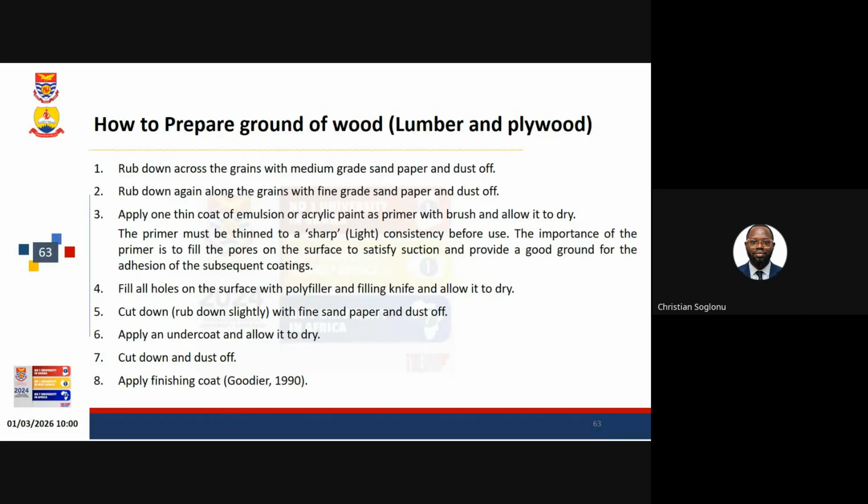So the third one says apply 1/10 foot of emulsion and acrylic paint as primer with brush and allow it to dry. The primer must be thin with a light consistency before use.